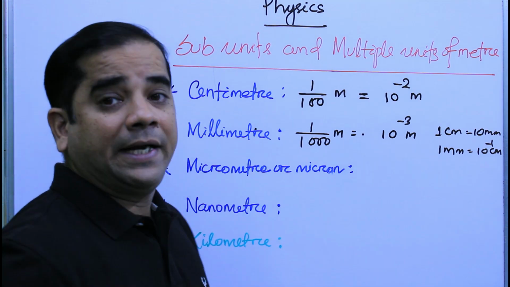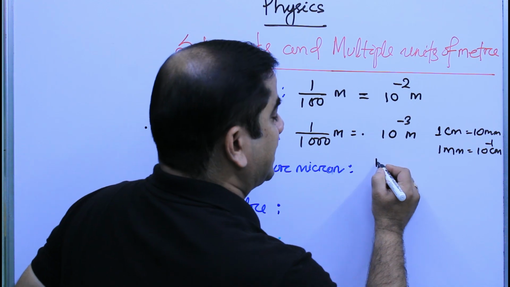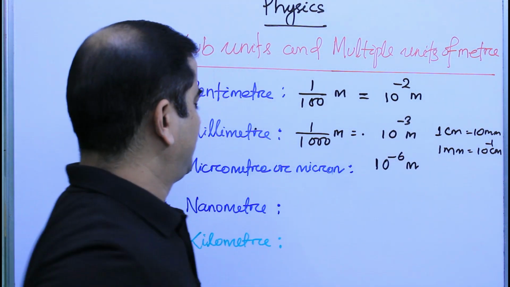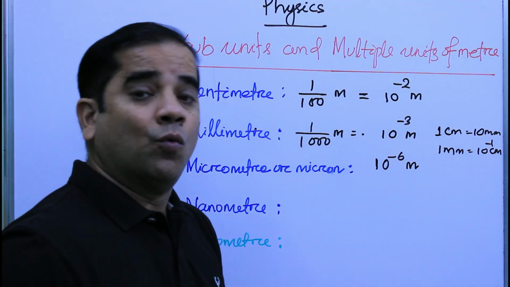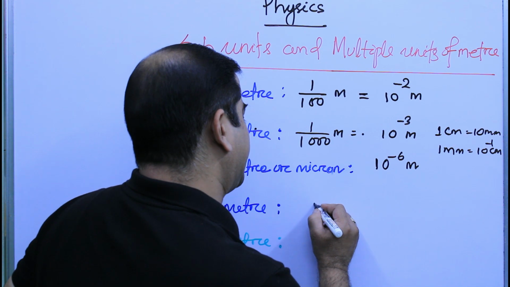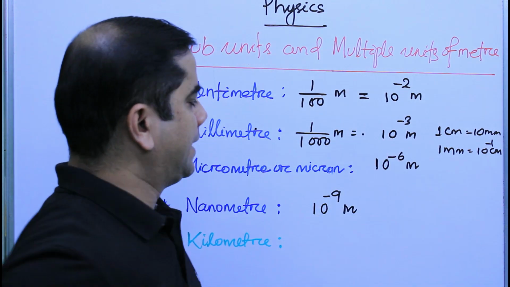Micrometer or micron is 1 millionth part of a meter, that is 10 to the power minus 6 of a meter. And nanometer is 1 billionth part of a meter, that means we can write it as 10 to the power minus 9 meter.